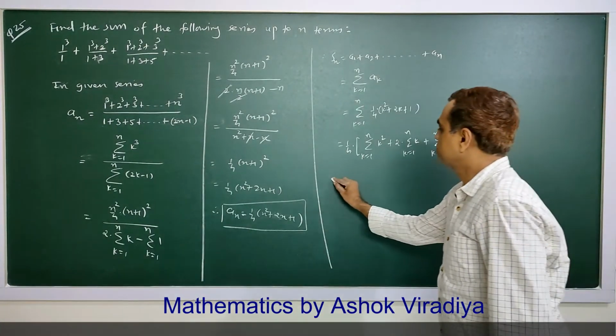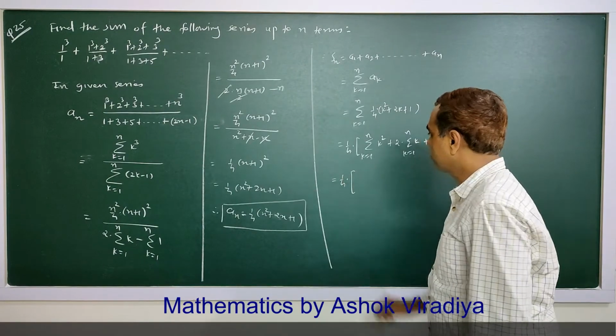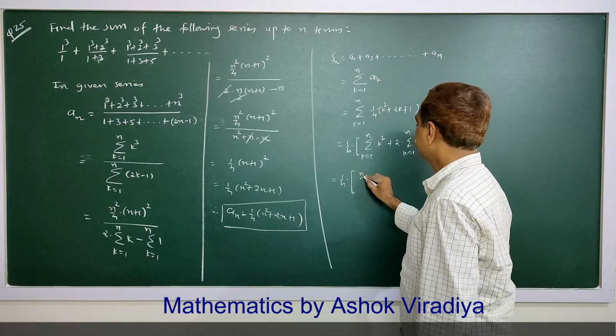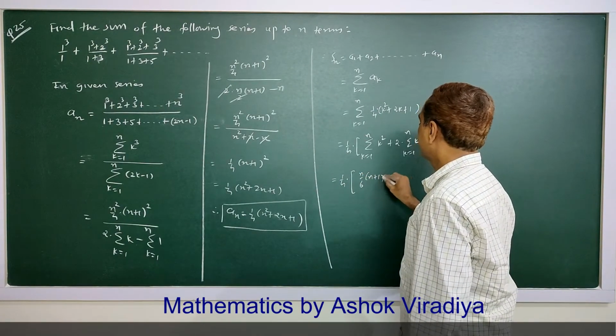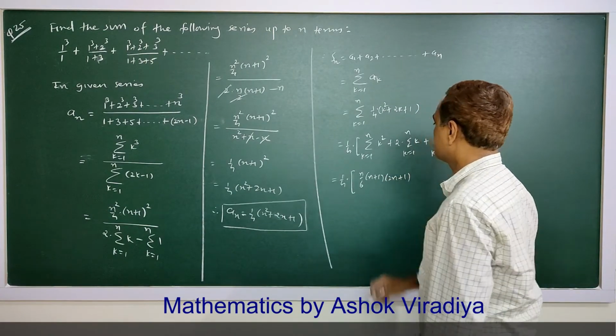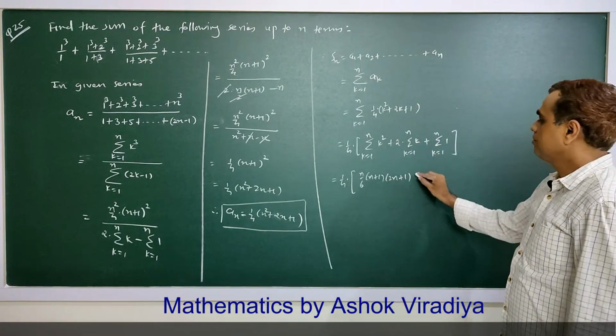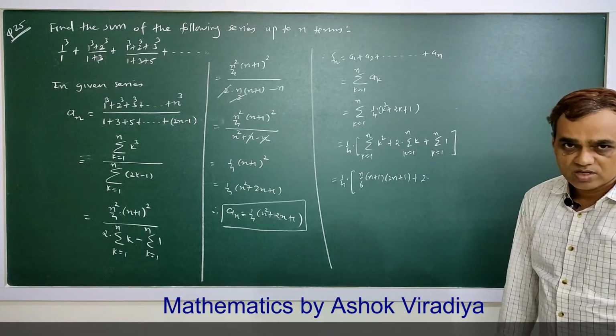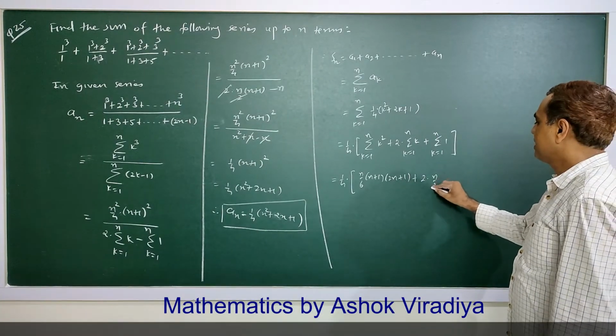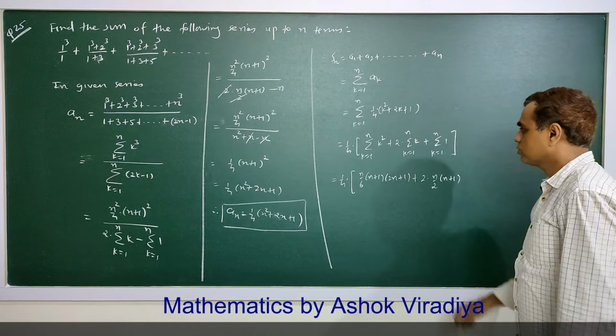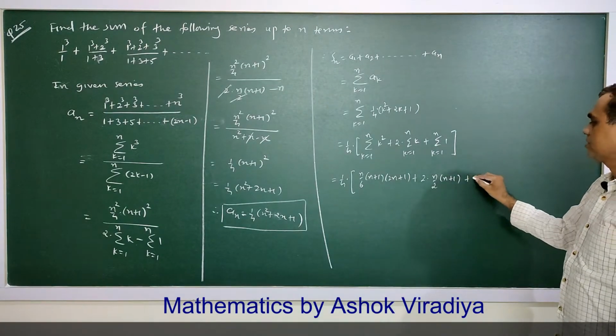Now putting in the values, 1 by 4 times, this is n by 6 times n plus 1 times 2n plus 1, plus 2 into sigma k, which is n by 2 times n plus 1, plus n.